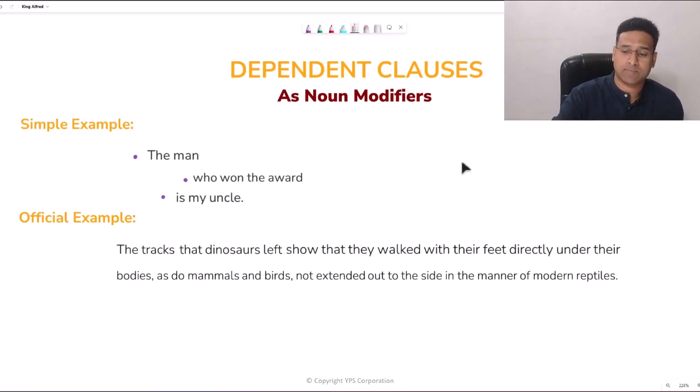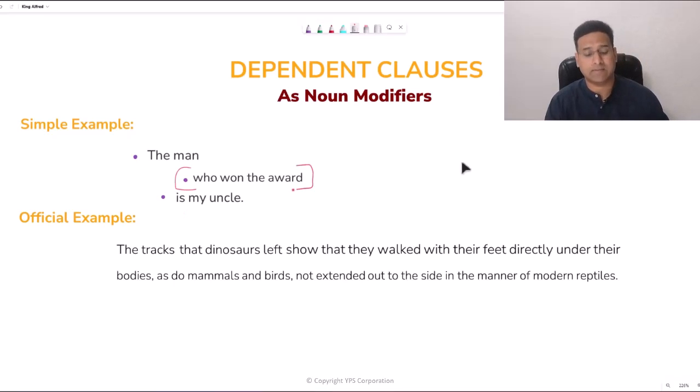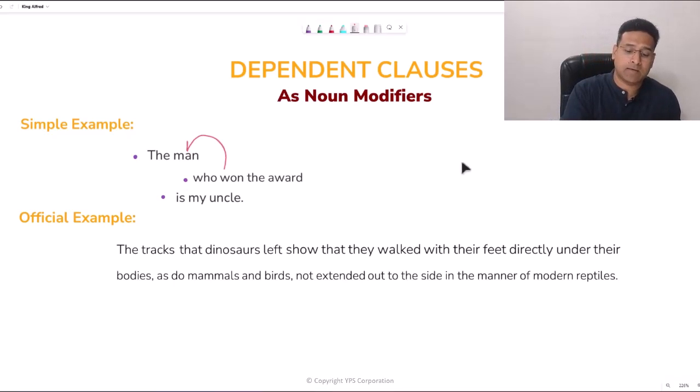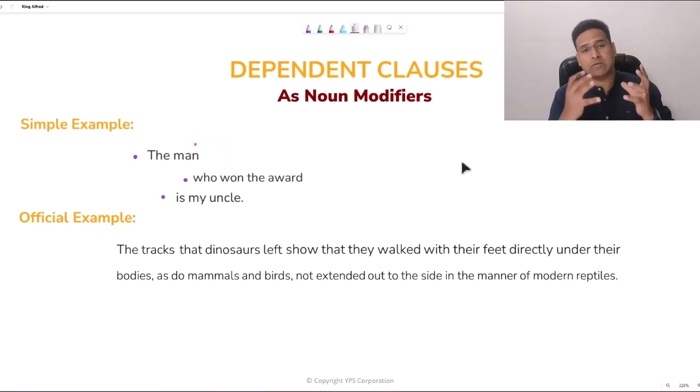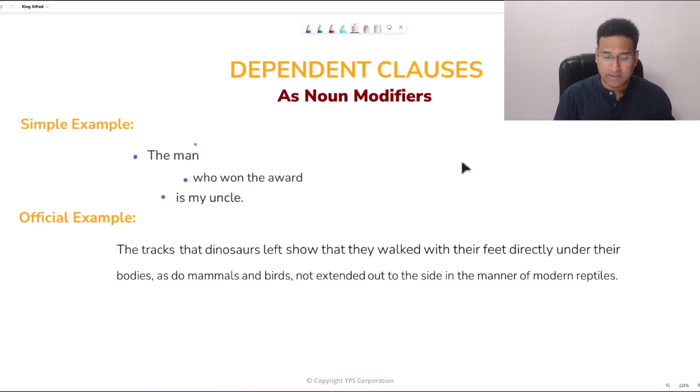So we have the subject, the man, and we have the verb is. So the question at hand is, what is this group of words doing in this sentence? Well, it's clear what it's doing. It's describing the man. It's telling us which particular man we're talking about. But what's more interesting is that this group of words contains a subject and a verb.